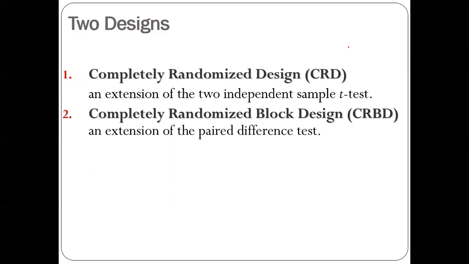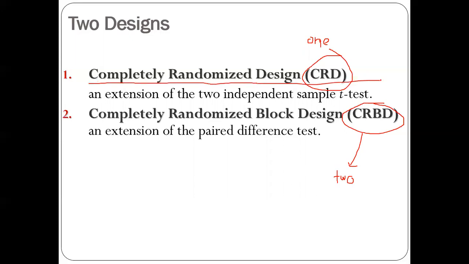So CRD is one-way ANOVA, but CRBD is the design that is used to conduct the two-way ANOVA. Now in this chapter, we're going to focus on the CRD, or the one-way ANOVA.